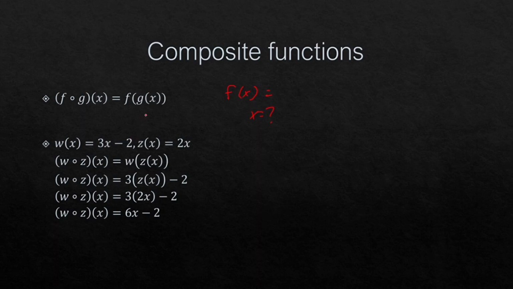Dito, ang g of x is treated as a variable itself. So, tingnan natin ang example. W of x is equals to 3x minus 2 and z of x is equals to 2x. W composed of z of x is equals to w of z of x.